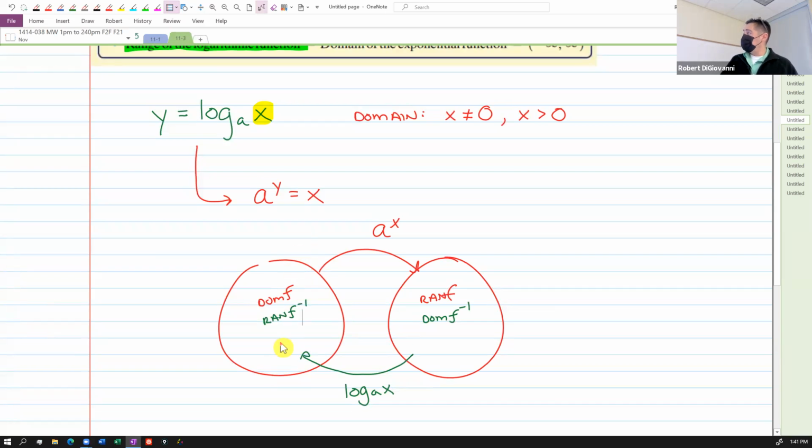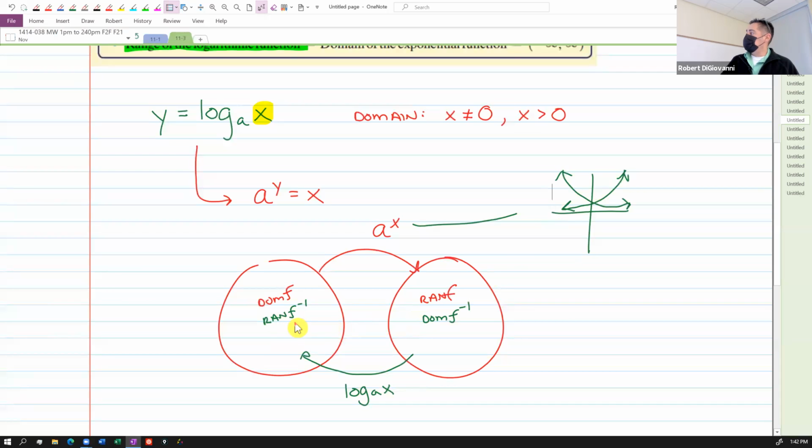So if I'm asking you what's the domain of the inverse, then I really want the range of the original function. And that means what's the range of a to the x? When we look at that picture of a to the x, it's either that or that. The domain of this function, the inverse, is the range of this, only positive numbers.